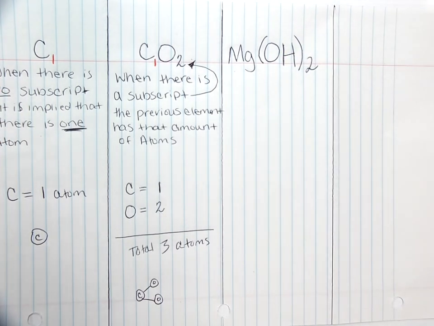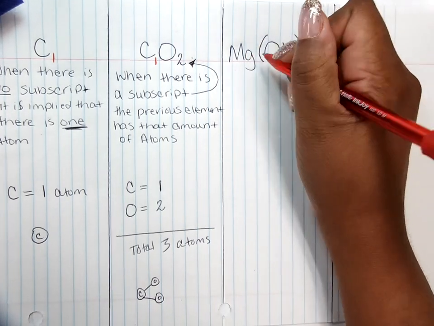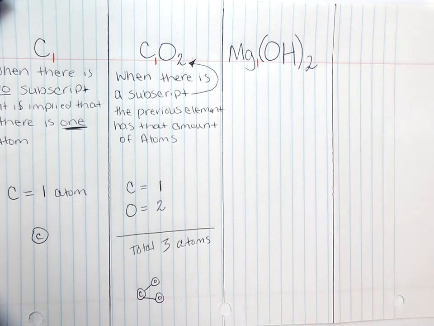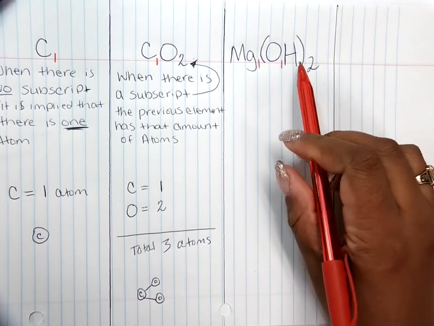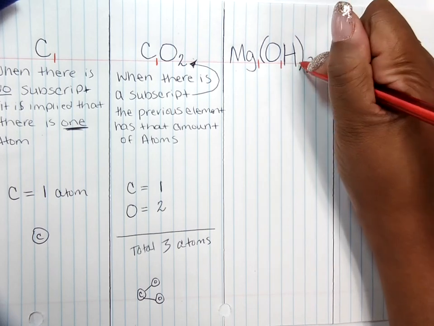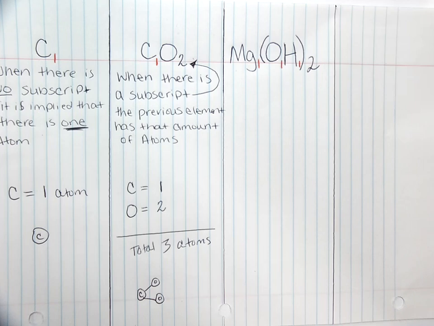You know that Mg is magnesium, the O is oxygen, and even this H, this hydrogen, there's only one. It may seem small, but it helps to throw your invisible ones in there, because in chemical formulas they don't have a one, but it wouldn't hurt to put one in there.